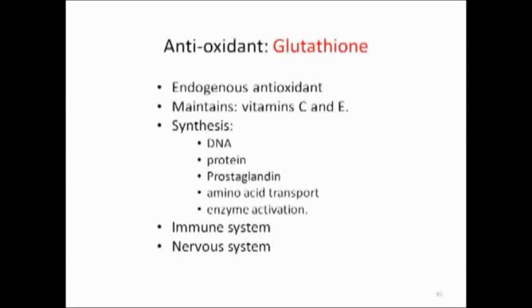Antioxidant glutathione. It is the major endogenous antioxidant produced by the cells, participating directly in the neutralization of free radicals and reactive oxygen compounds, as well as maintaining exogenous antioxidants such as vitamin C and E. It is used in metabolic and biochemical reactions such as DNA synthesis and repair, protein synthesis, prostaglandin synthesis, amino acid transport, and enzyme activation.